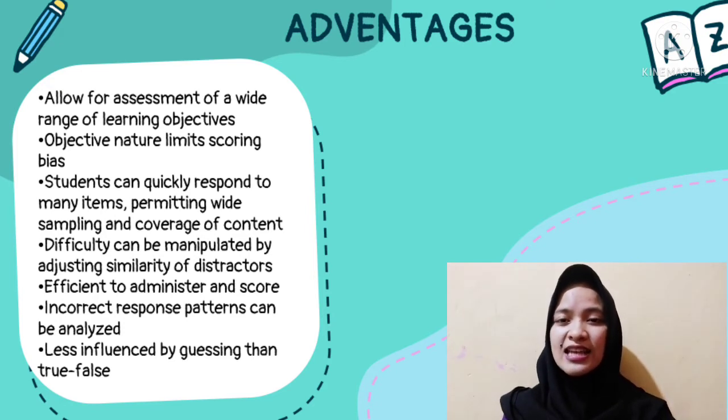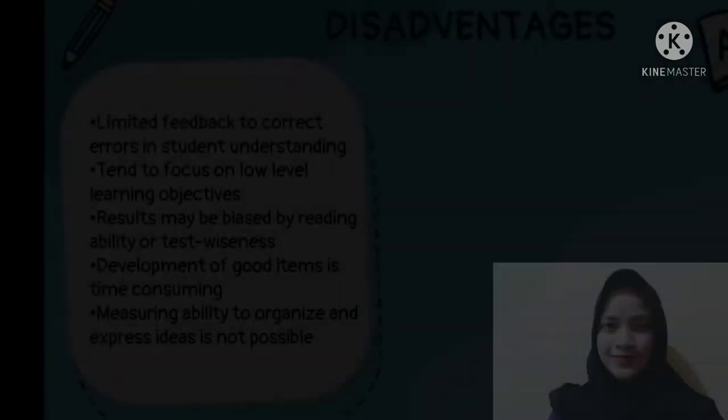The fourth is that difficulty can be manipulated by adjusting similarity of distractors. The fifth is that it is efficient to administer and score. The sixth is that incorrect response patterns can be analyzed. And the last is that it is less influenced by guessing than true or false.